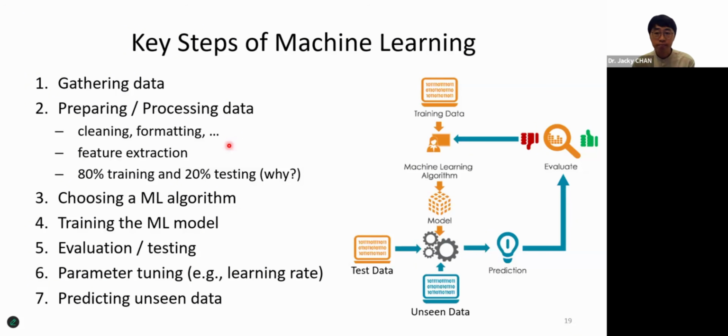And then we partition it and use part of it, say 80%, as the training data, and 20% for testing. We do this because we would like to use the 20% to test whether the model can still perform well on unseen data.